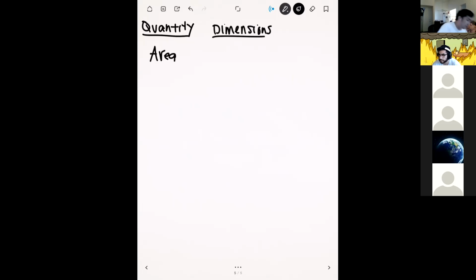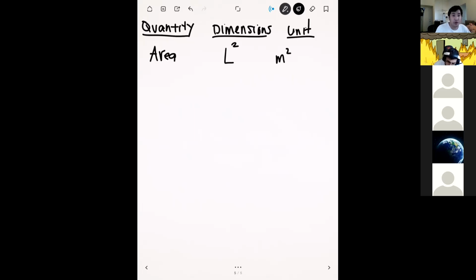Okay. So the dimensions for area would be length squared, right? Because in order to get area, you have to multiply a length by a length, essentially, right? I mean, there's different formulas, like there's a formula for a circle, but the dimensions are always going to be some kind of length squared. And then one example for a unit, so let's say, we do an SI unit, you would have meter squared.